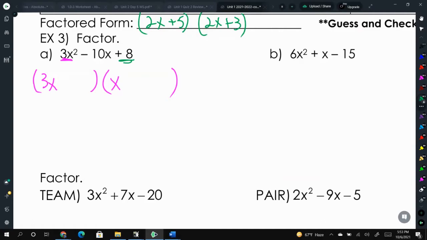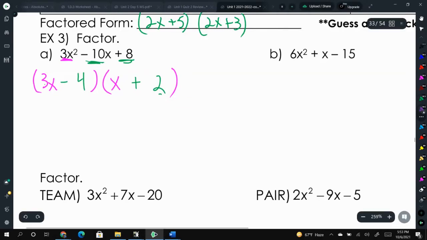So what I'll do is try to think, all right, I need to have negative 10x when I add them up. I'll just guess and see, does this work? 3x times 2 is going to be 6x. So let's write this down.